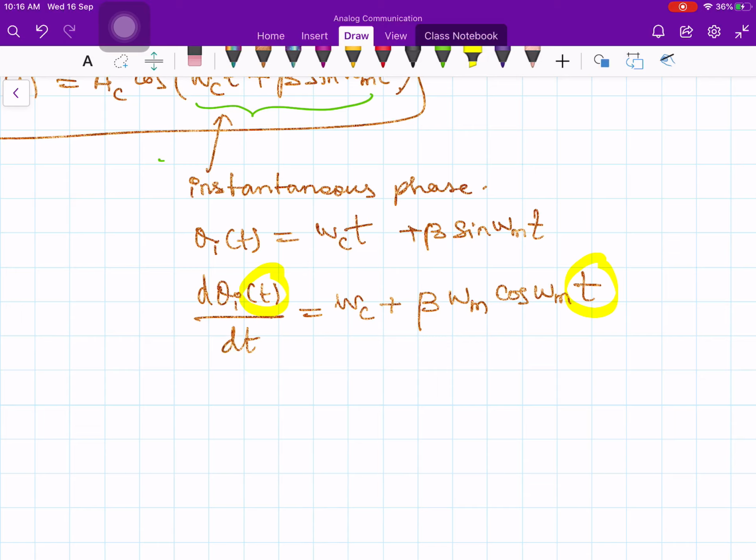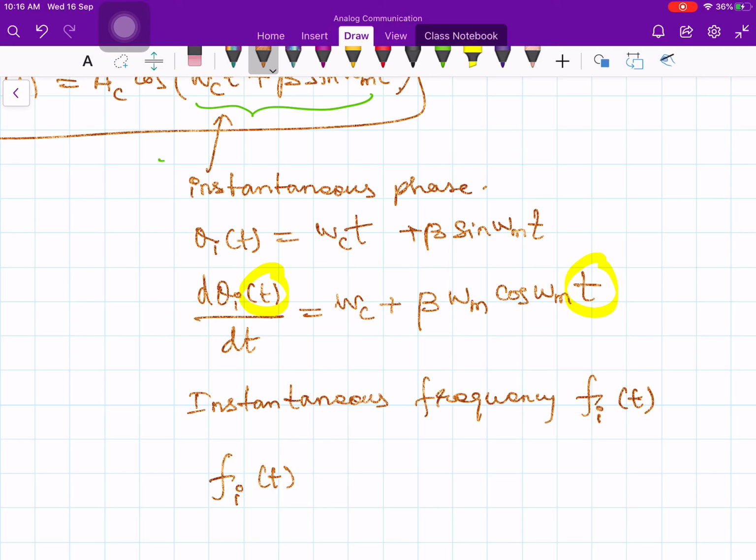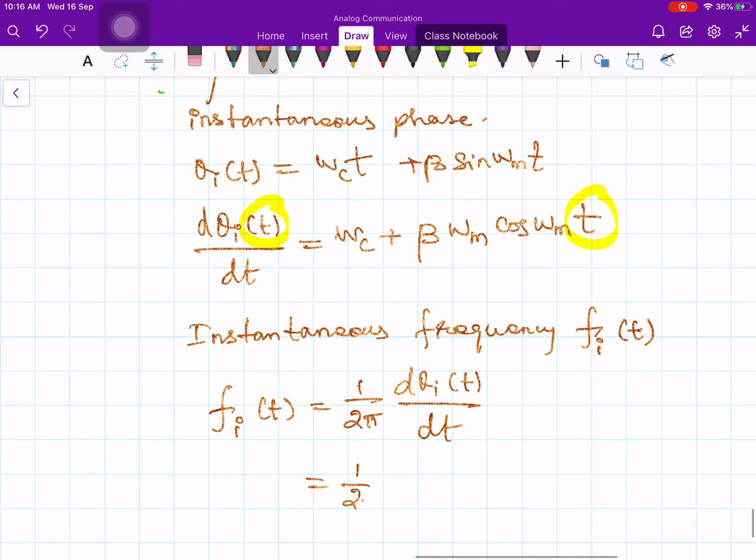Now the instantaneous frequency. How do you denote the instantaneous frequency? Recall, it is fi of t. What is fi of t? fi of t is 1 by 2 pi times d theta i of t divided by dt, by definition. Recall from your school physics. So 1 by 2 pi, and d theta i of t by dt is omega c plus beta times omega m cos omega m t.